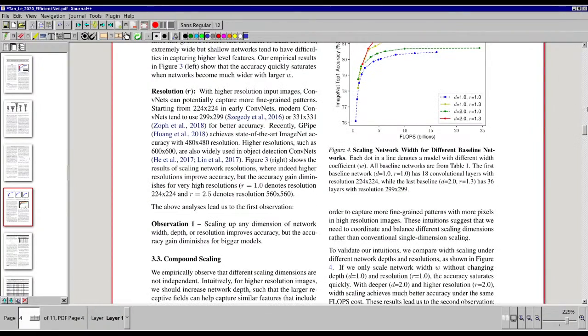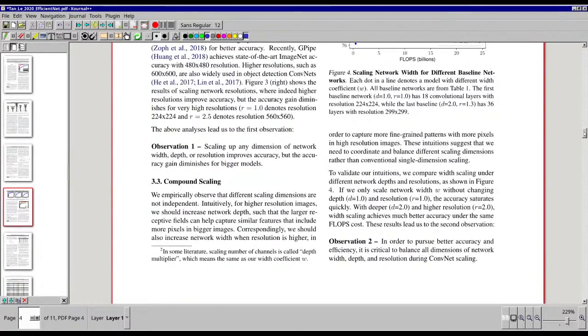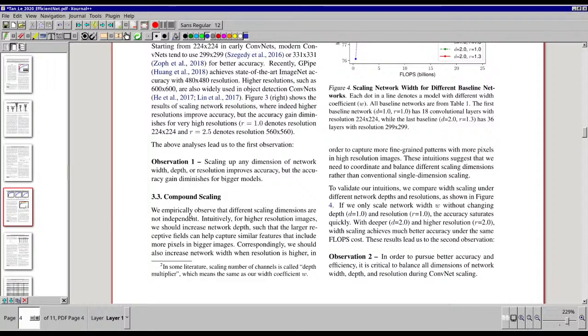Compound scaling. We empirically observe that different scaling dimensions are not independent. Intuitively, for higher resolution images, we should increase network depth, such that the larger receptive fields can help capture similar features that include more pixels in bigger images.